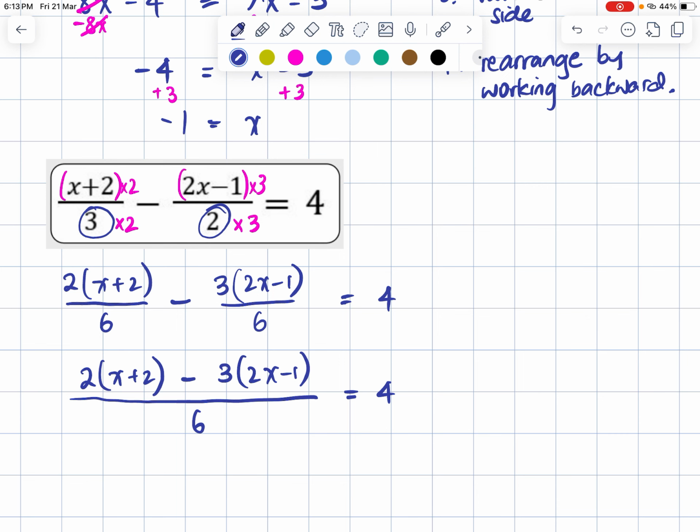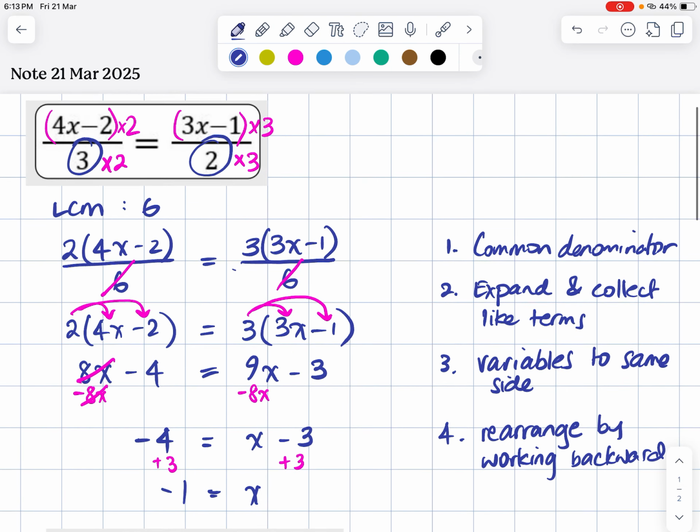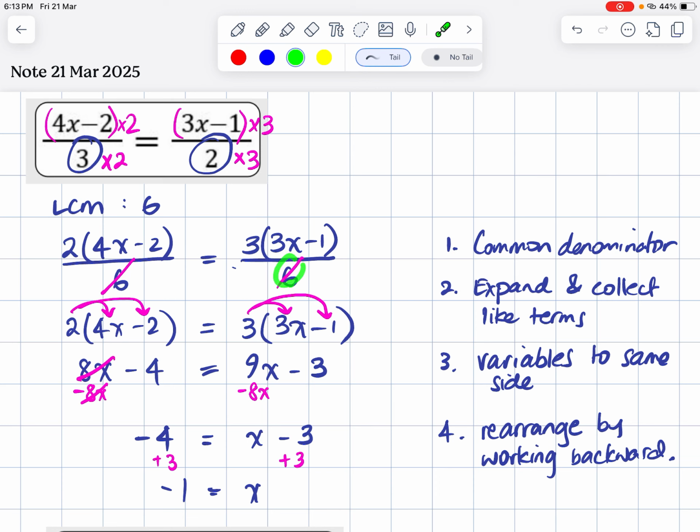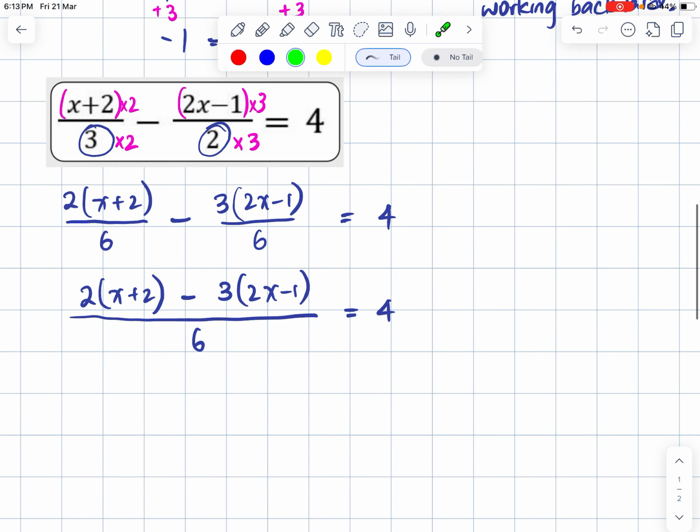Now, a little bit different to before, because before we had a 6 on both sides of the equal sign, and we just got rid of it because it was the same on both sides. Here though, we don't have a 6 on both sides. We've only got a divide by 6 on the left hand side, and we've got this 4 on the right hand side.